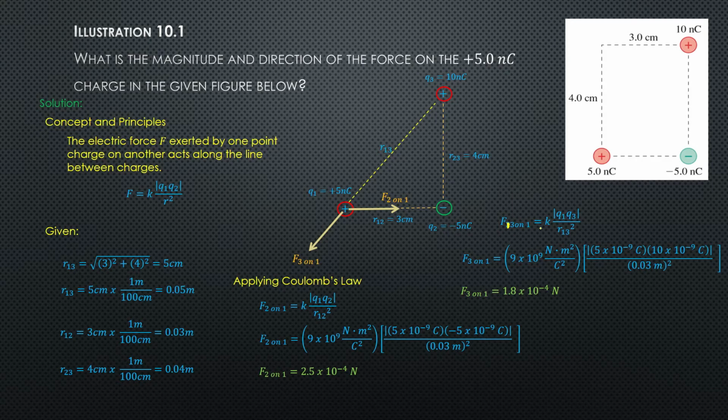That is K, Q1, and Q3. So we are referring to charge 1 and charge 3, and the distance between charge 1 and charge 3, which is this one. Substituting the values, K is the proportionality constant, which is equivalent to 9 times 10 to the 9 newton meter squared per coulomb squared.